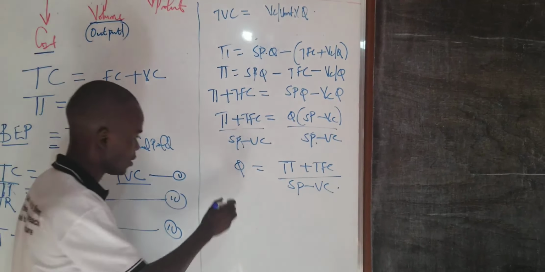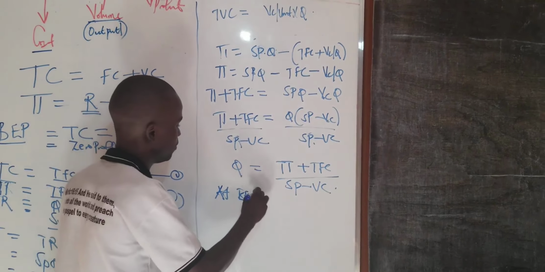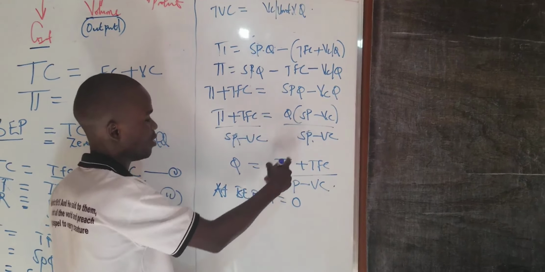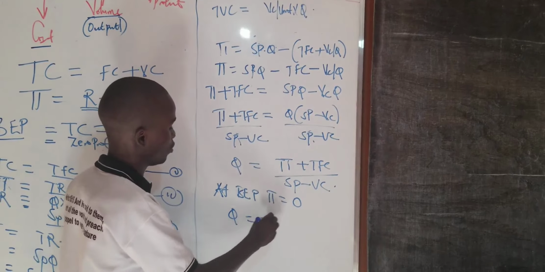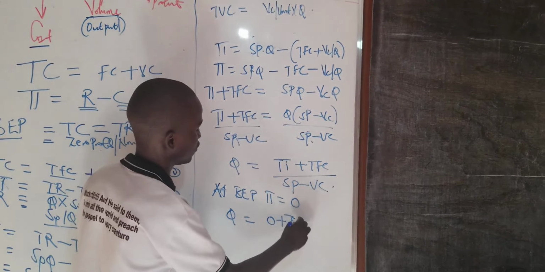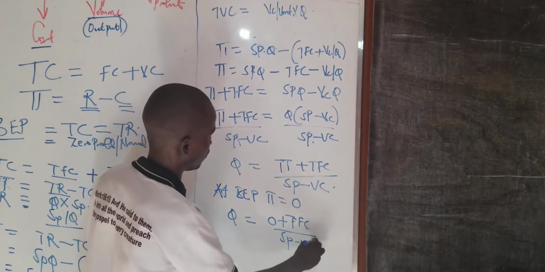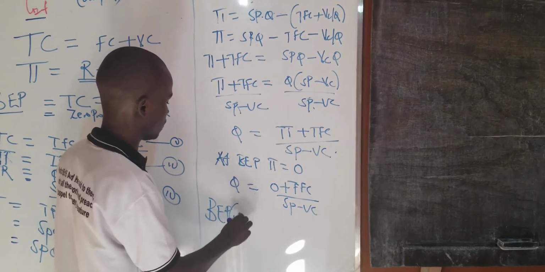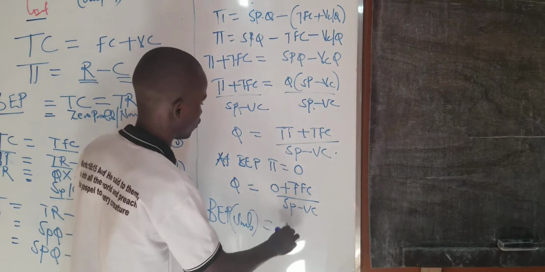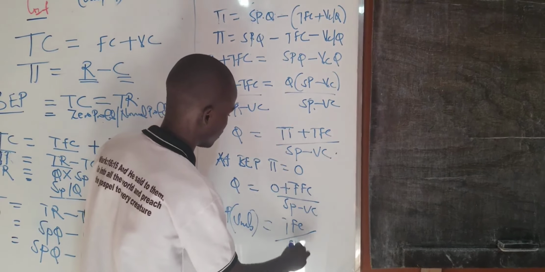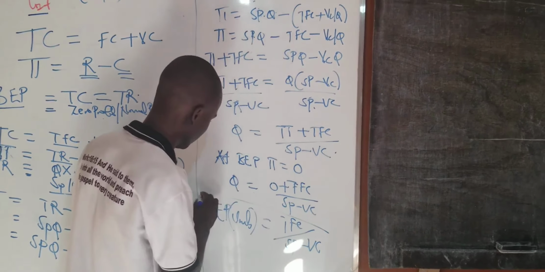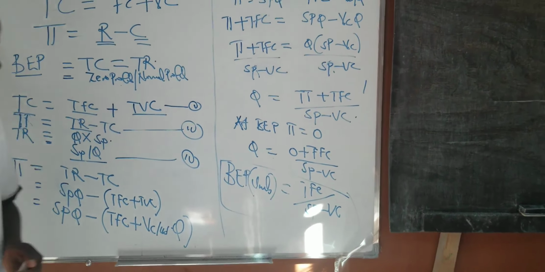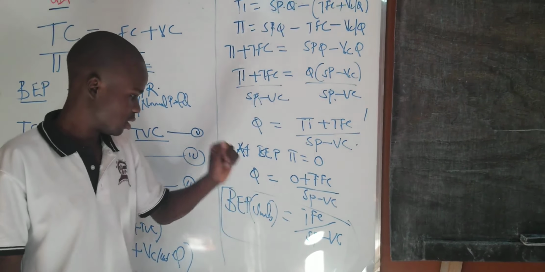So at BEP the profit is zero. Therefore, quantity equals 0 plus total fixed cost over selling price minus variable cost. So, break-even point in number of units equals total fixed cost divided by selling price minus variable cost. This is the formula of the break-even point. Today we've looked at the break-even point, and we will look at more terms. May God bless you.